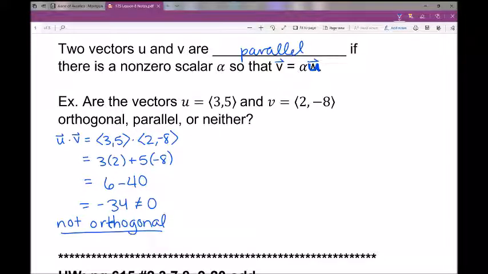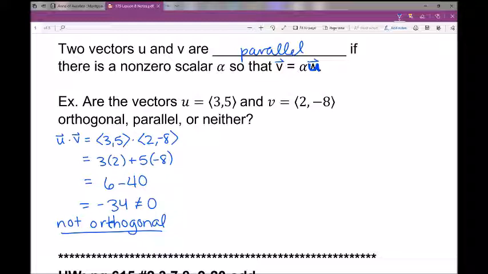Okay, so now let's test for parallel. So for parallel, we can check slopes. Okay, so remember that a vector is just a line, so we need to find the slopes of these two vectors.